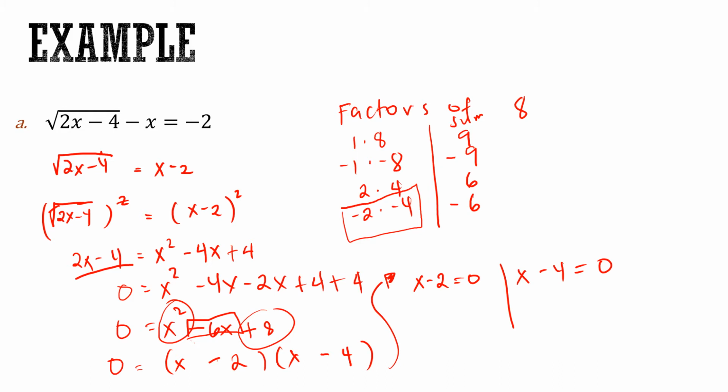So as we move negative 2 to the other side of the equation, it will become positive. So we can now write x equals positive 2. And for this part, x minus 4 equals 0. So again, we will just simply move negative 4 to the other side of the equation. So that will become positive 4. So the two values of x that we have are x equals 2 and x equals 4.